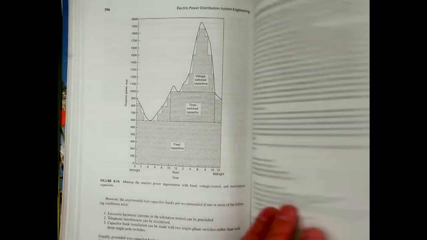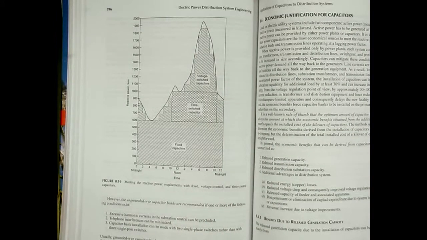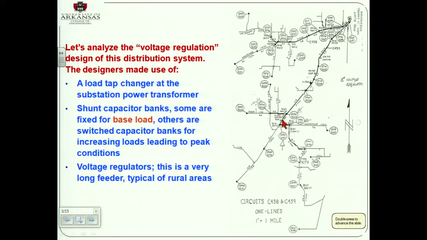Well, it's not that simple, right? What it said is probably it's not feasible to have more than 2, 3 banks at full load. This is your feeder, the same as you did today.